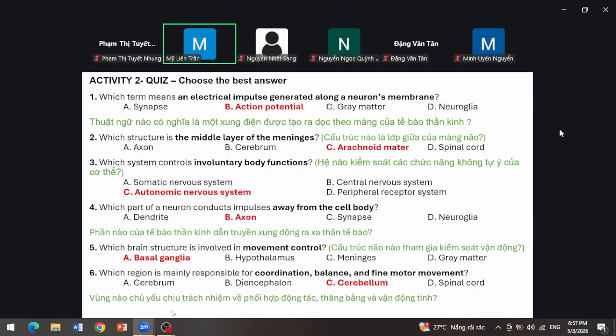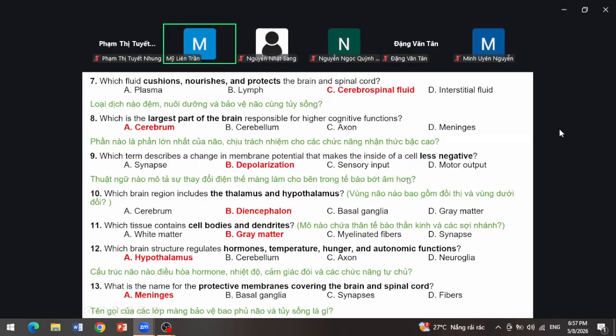Cerebellum is mainly responsible for coordination, balance, and fine motor movement. 7. CSF, or cerebrospinal fluid, nourishes and protects the brain and spinal cord.